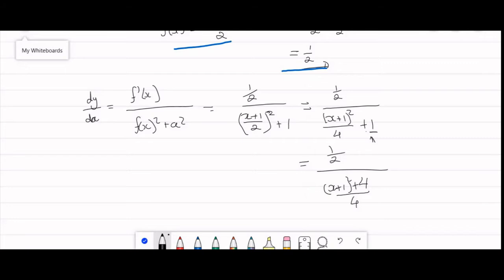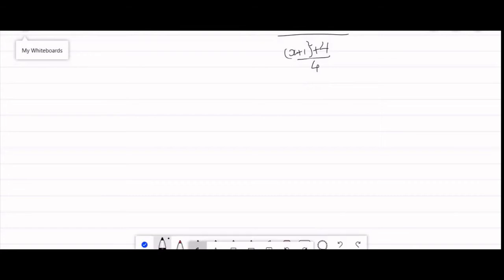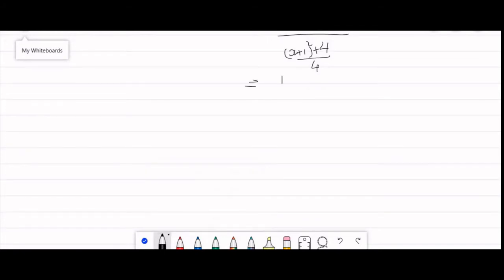Now we need to simplify. To make our life simpler, we can say 1 over 2 divided by x squared plus 2x plus 1 plus 4, all over 4.